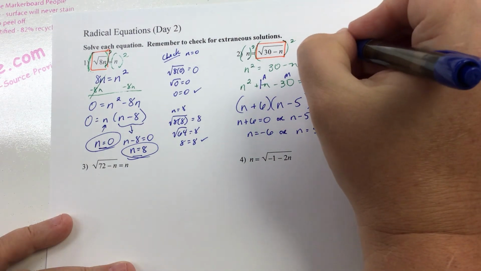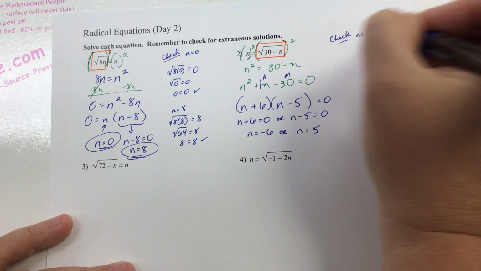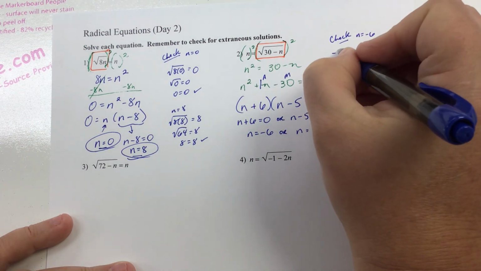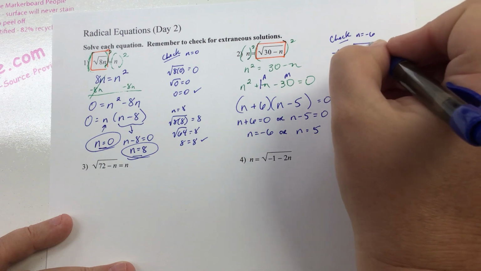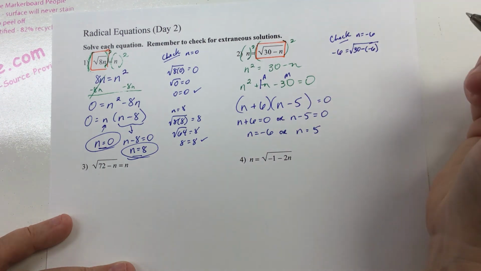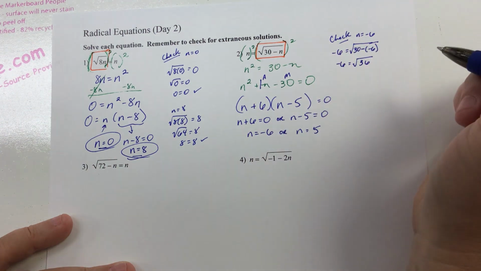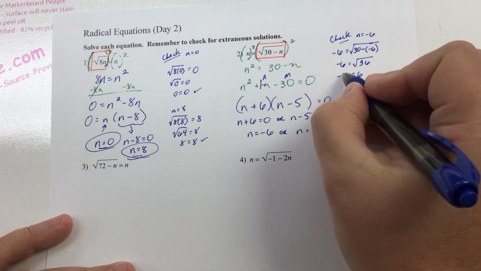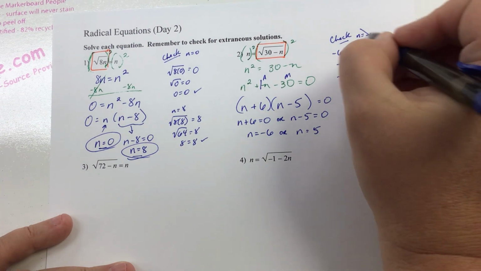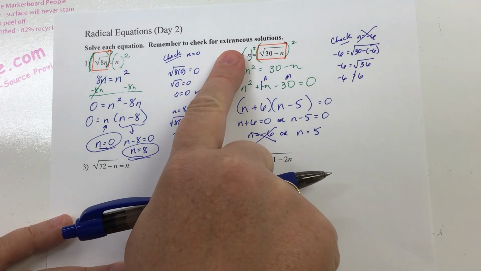Now let's check to make sure they both work. Check n equals negative 6 first: does negative 6 equal the square root of 30 minus negative 6? Well, 30 minus negative 6 is positive 36, and the square root of 36 is 6, not negative 6. So negative 6 does not work. That is what we call an extraneous solution.